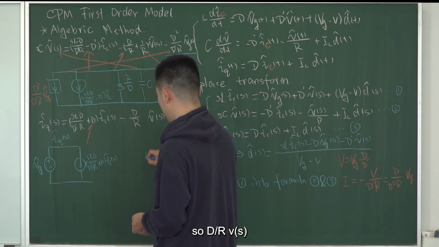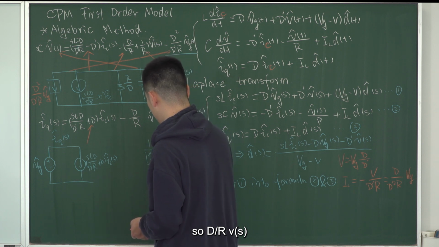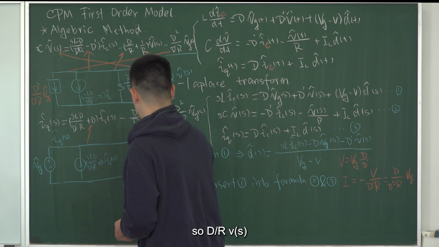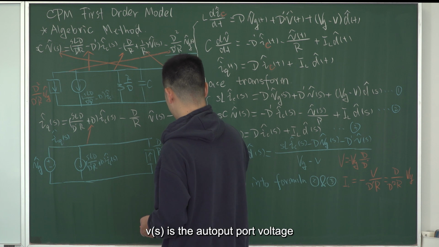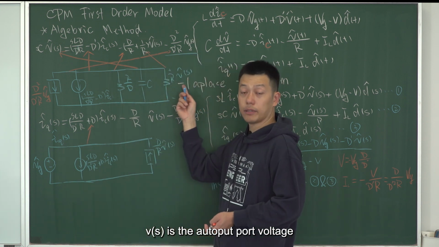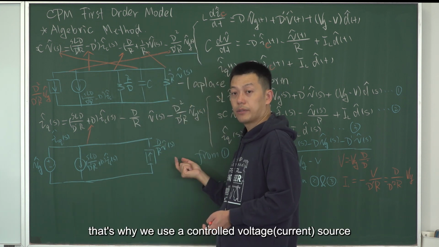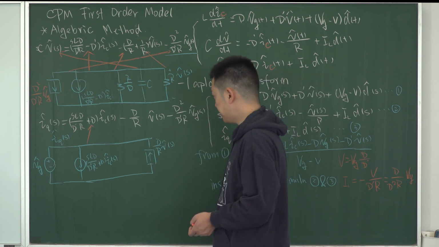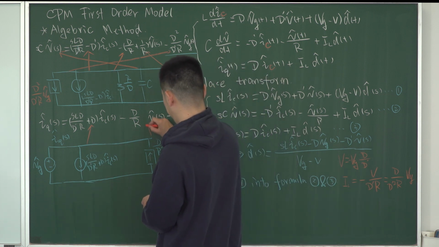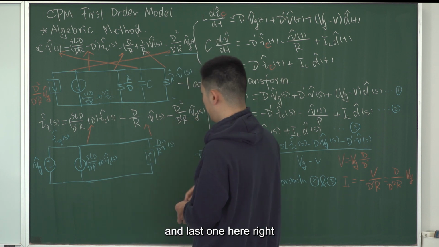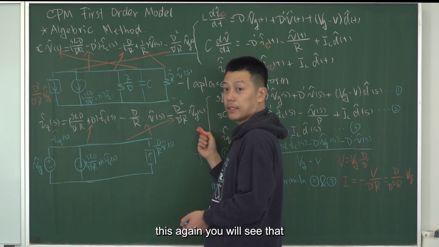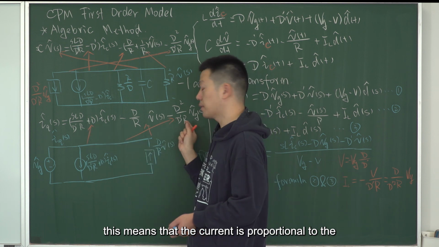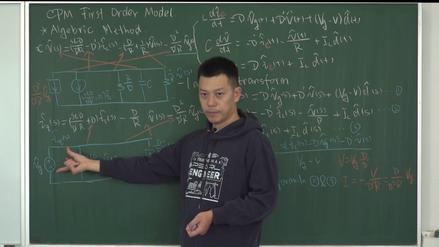So D over R VS. VS is an output port voltage. That's why we use a controlled current source. And the last one here, right? Again, you will see that this means that the current is proportional to the terminal voltage.